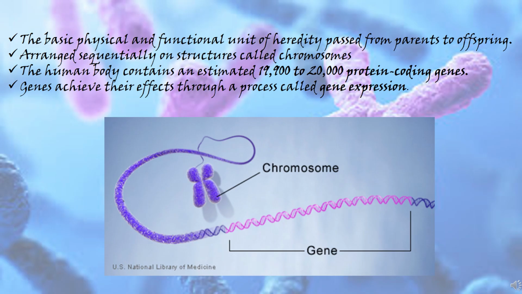Variants of the same gene are known as alleles, which account for different physical traits like eye color or blood type. Genes achieve their effects through a process called gene expression. During expression, the DNA sequence is first transcribed into ribonucleic acid, RNA.